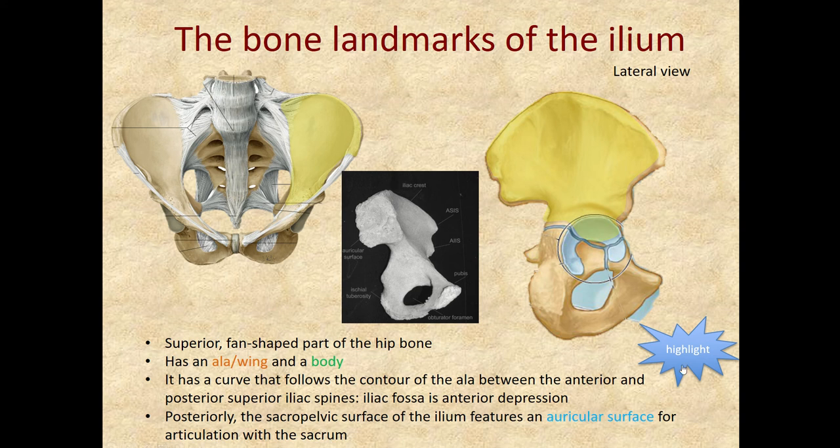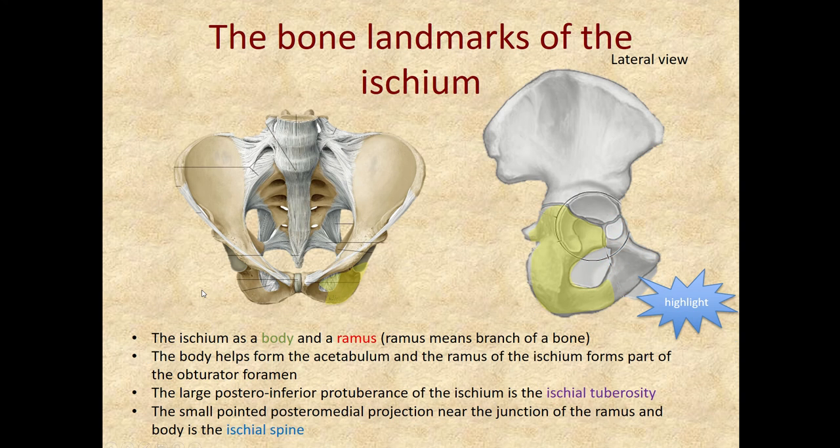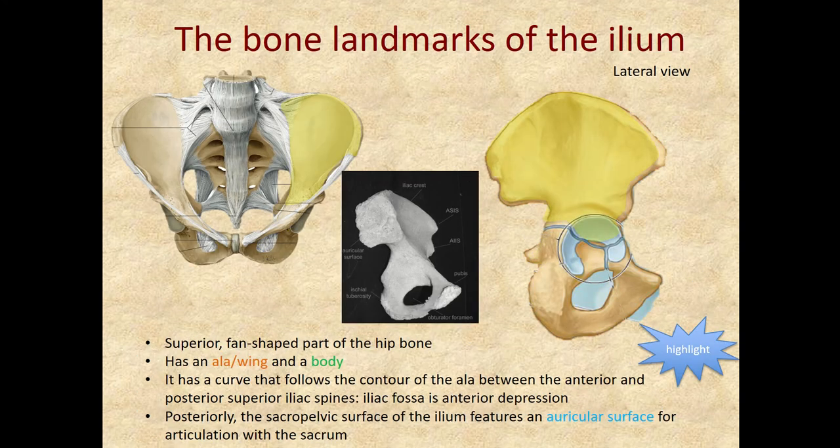And so on this slide set, I have highlights so that you can quiz yourself for the different structures, and it matches up with the coloring in the text on the slide. So other aspects of the ilium that you want to know are the anterior and posterior iliac spines. Here you can see the anterior superior iliac spine.